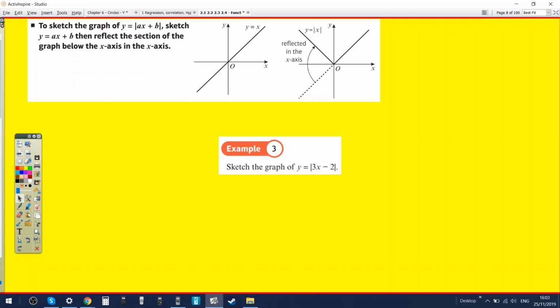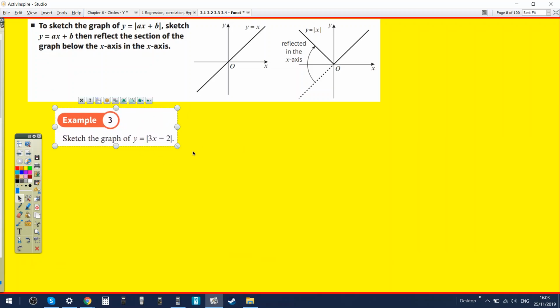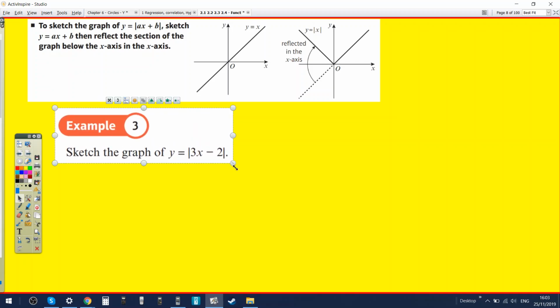Do you have a graphical calculator? Yes. So do you want to try graphing this? Y equals the modulus of 3x minus 2.